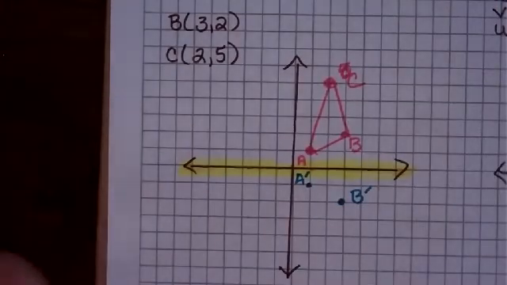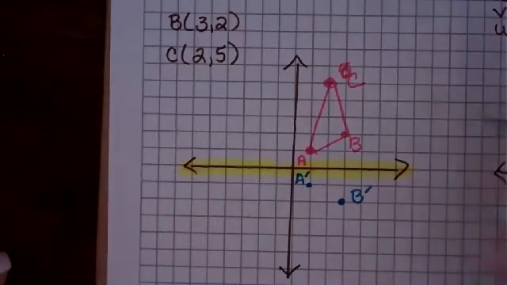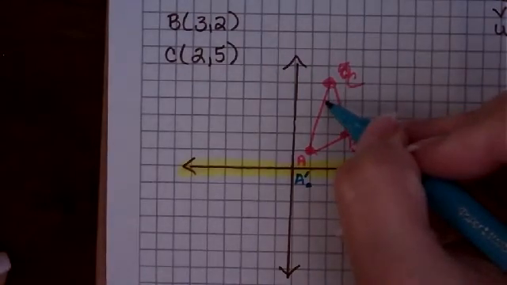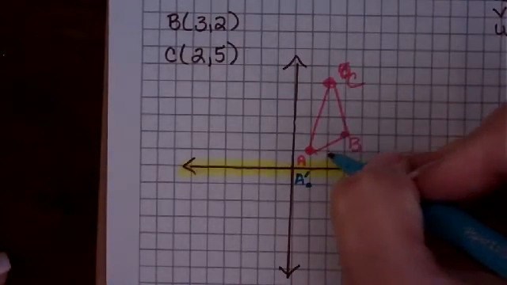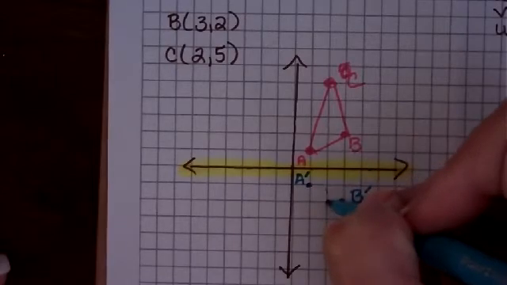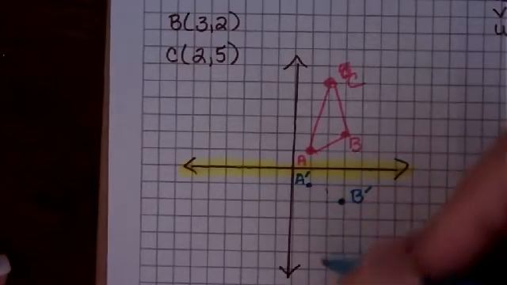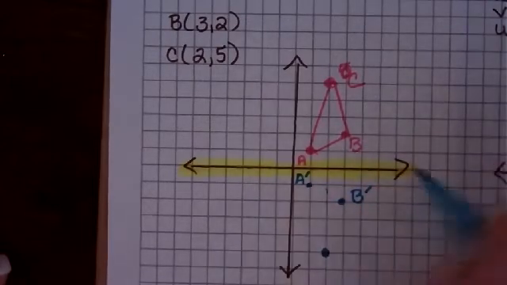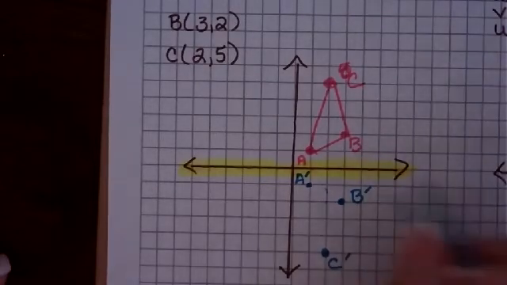Sorry about that. Now, here is C, and it's 1, 2, 3, 4, 5 above. I'm going to go straight down below it 5. 1, 2, 3, 4, 5, and put a dot. And I'm going to label that C prime.